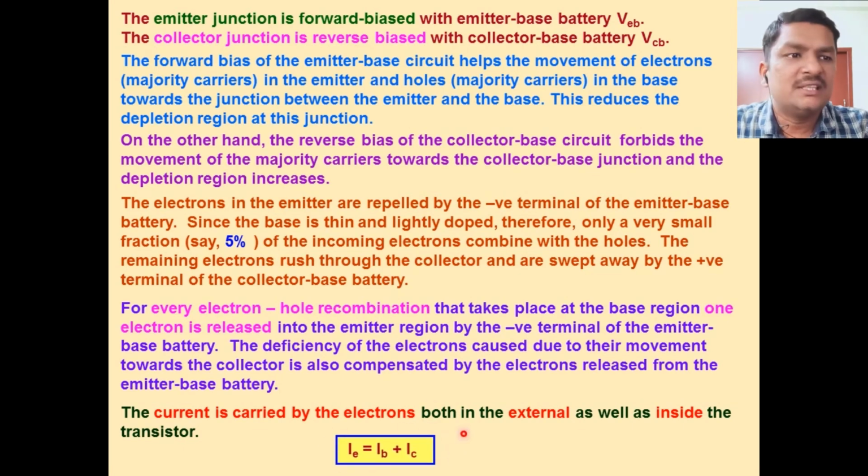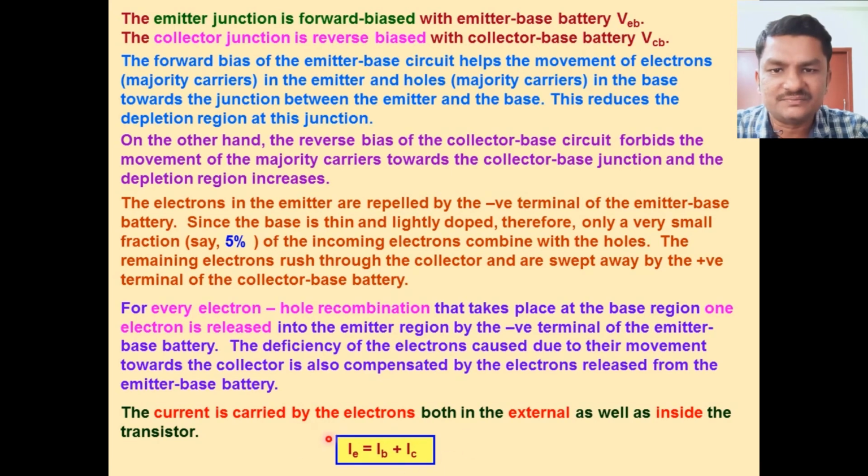So the total current IE equals IB plus IC. In the case of a transistor, IE equals IB plus IC because the emitter is heavily doped.